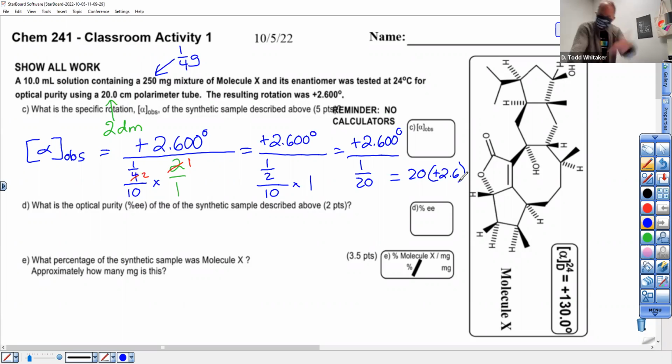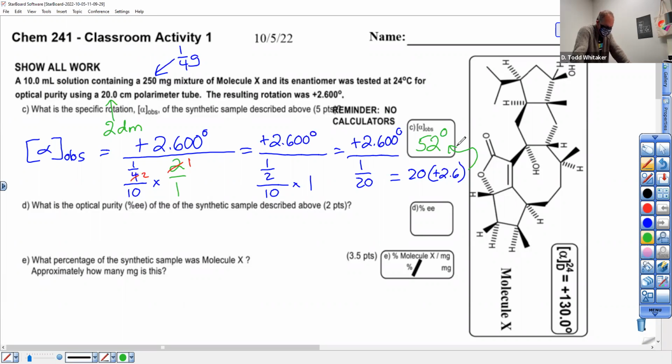So 5.2 with a 0 at the end. 52. Not the nicest number, is it? Wonder why I picked that. I don't know if 52 is a great number. I don't think I picked the best numbers here either, but at least they're not incredibly impossible.